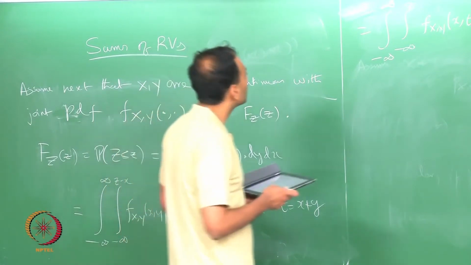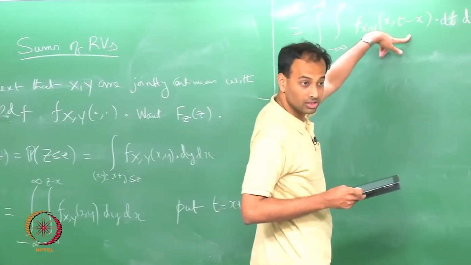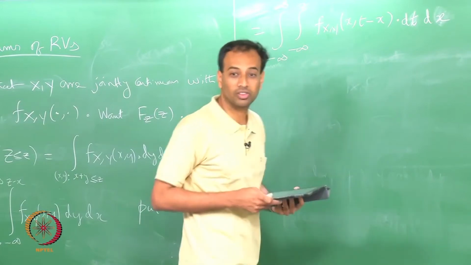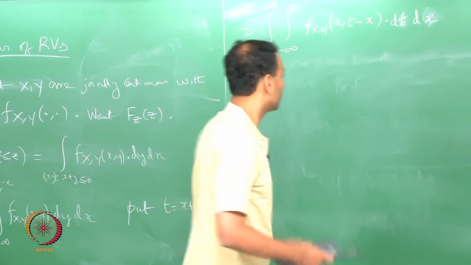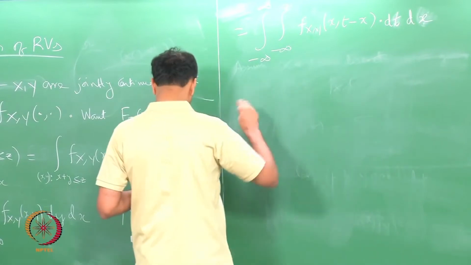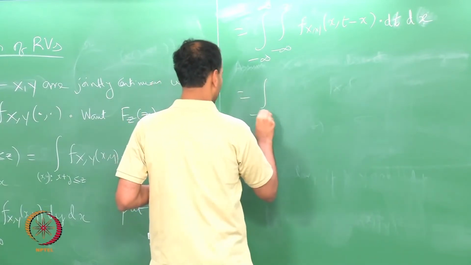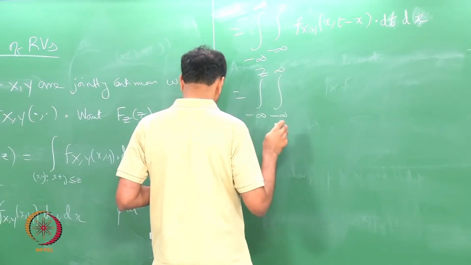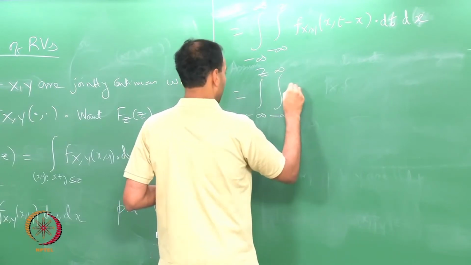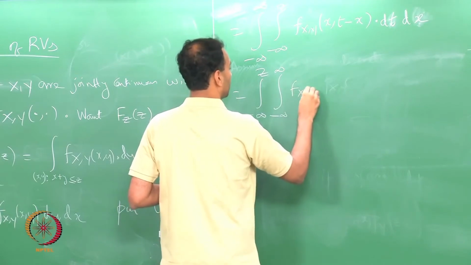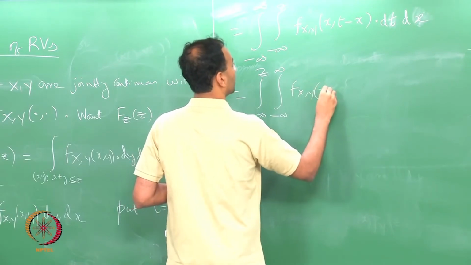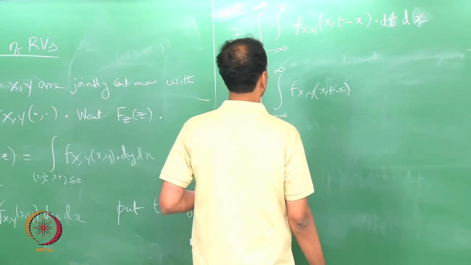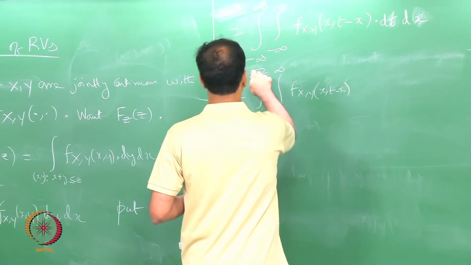Okay, so now this integrand is non negative, so there is no harm in interchanging the order of integration. That is always valid if you have a non negative argument. So this you can write as the integral from minus infinity to z of the integral from minus infinity to infinity of f x comma y of x comma t minus x, dx dt.